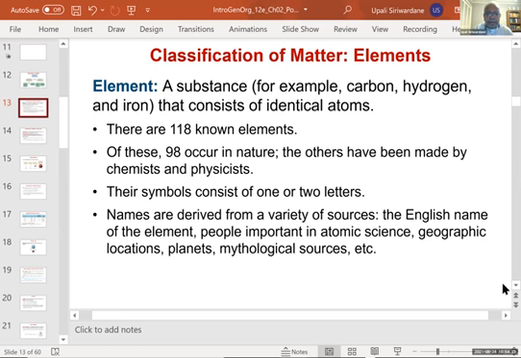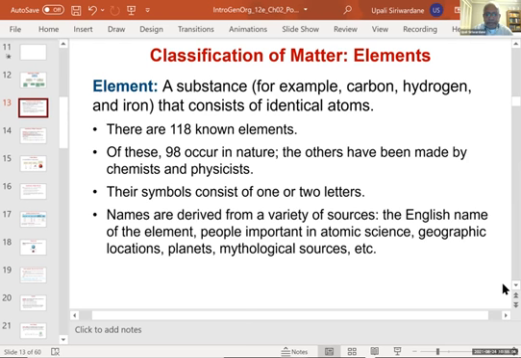Most of these atoms have atomic symbols of 1 or 2 letters. Carbon has 1 letter, capital C, the first letter capitalized. That's the symbol for carbon. Hydrogen, H. Iron is Fe. Fe comes from the Latin word ferrum. So certain elements have letters from names other than the English name.